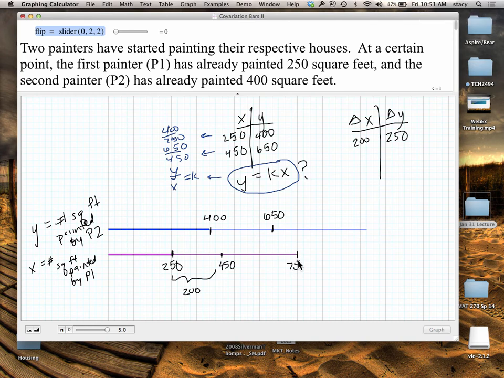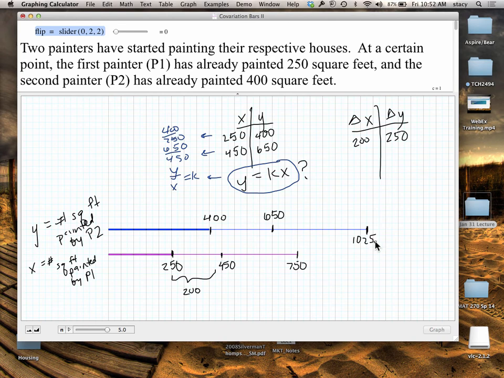So we're at 750 now. Okay, about where is painter 2? So this was 650, 750, 850, 950, 1,025. Okay.